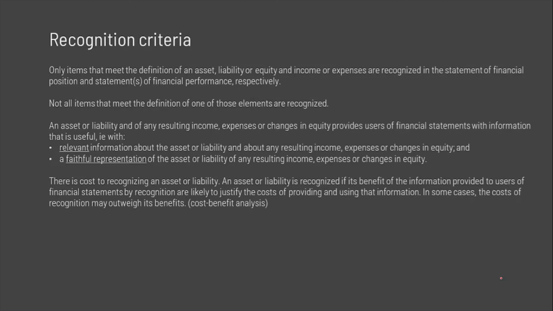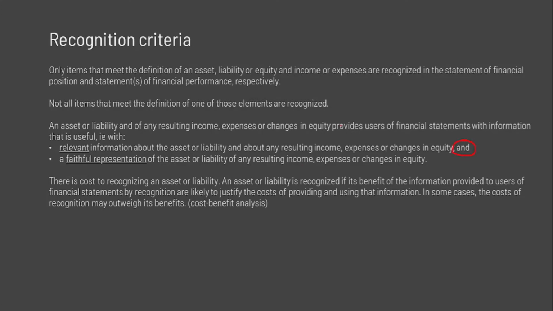Accordingly, items that meet the definition of a financial statement element but do not provide useful information are not recognized, and vice versa. As I said a while ago, it should meet the two criteria, highlighting this word "and".